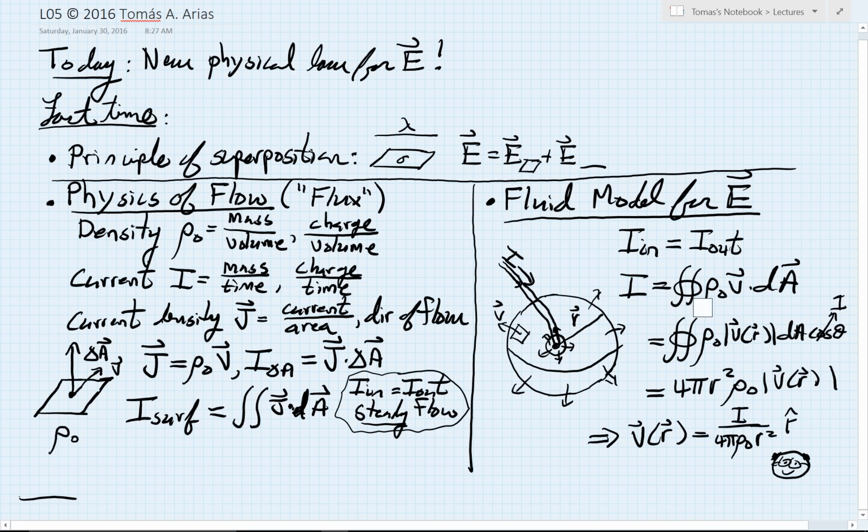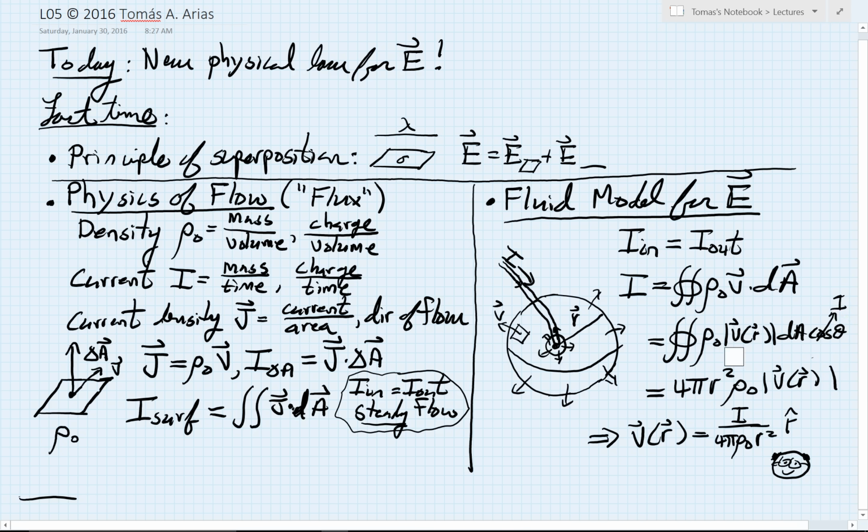We then went about evaluating this integral. First, we expanded out the dot product, which gave us rho times the magnitude of the velocity, times the magnitude of the area vector, which we can just call dA, times the cosine of the angle between them. In this case, the velocity is outward from the center, in the same direction as dA, so that gives me the cosine of 0, which is 1.